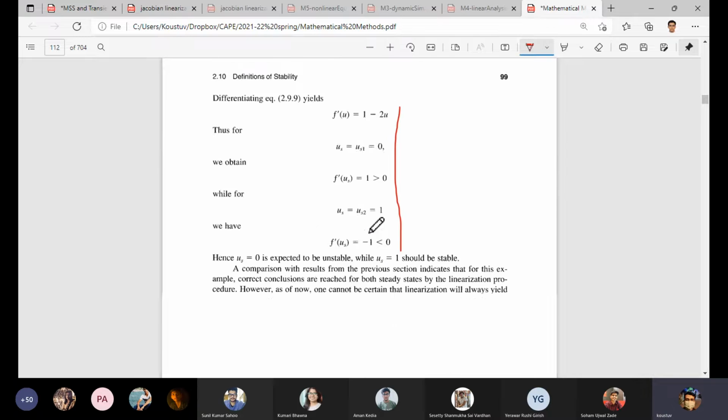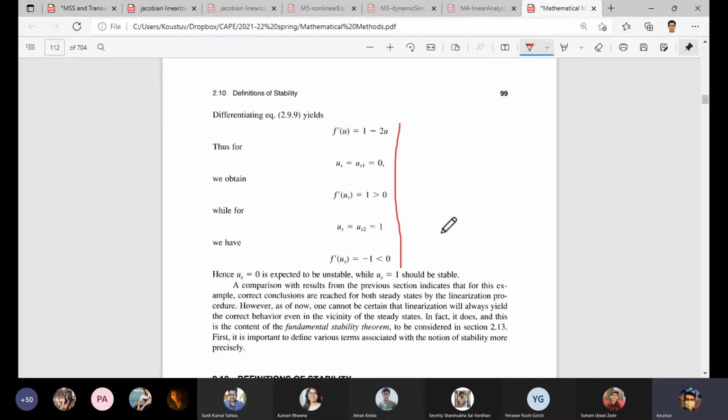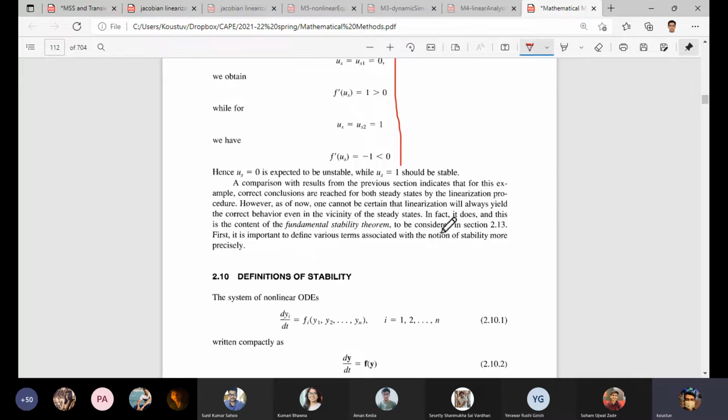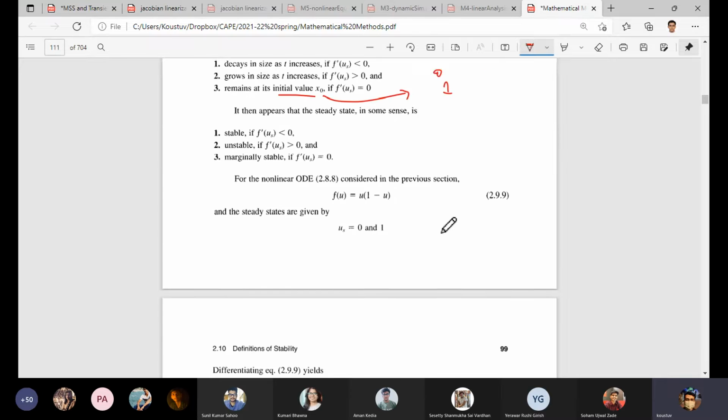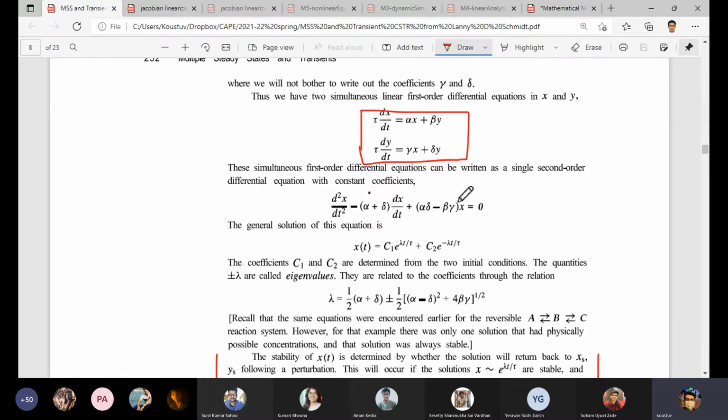You may encounter this sort of application in other branches of science or engineering, or I have to see what more examples can be provided to you apart from the non-linear non-isothermal CSTR. So just see here what exactly is happening.